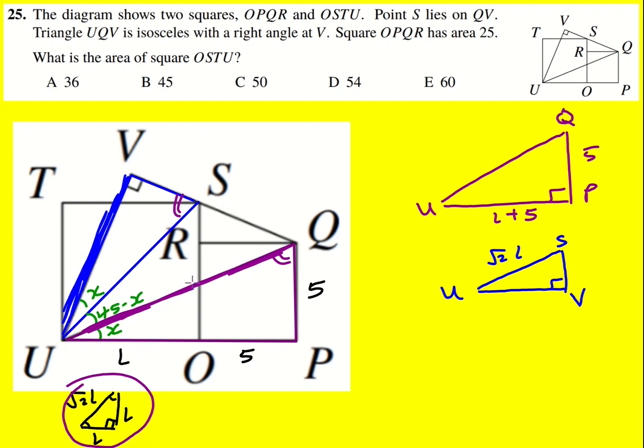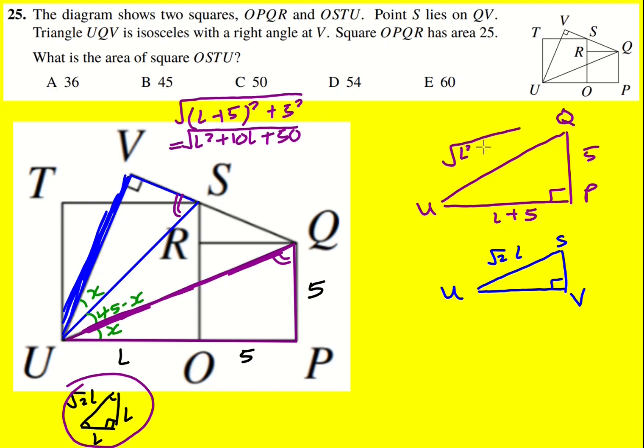So if I can work out the purple hypotenuse, which I can because I have two sides, I can then divide through by root 2 to get that blue side there. So I'm going to get L plus 5 squared plus 5 squared, square rooted, which gives me L squared plus 10L, when I multiply out those double brackets, plus 25 plus 25, so plus 50, and then square rooted.